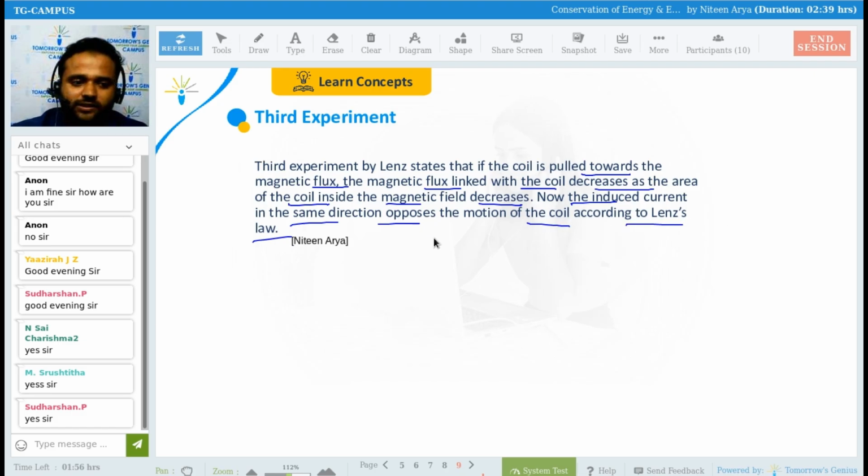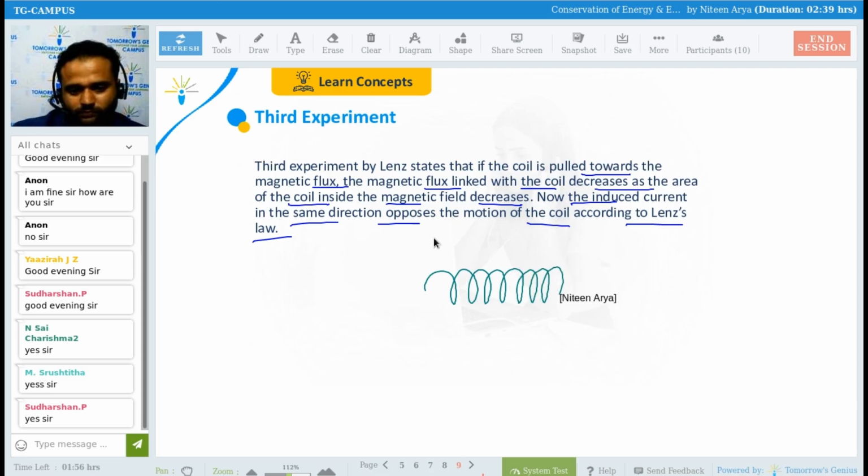Now it is important. Understand it in this way. Suppose this is my coil and this is my magnet. Right now we are discussing till this point.